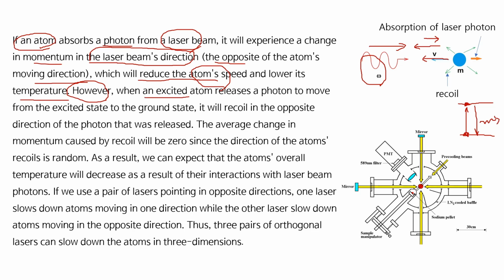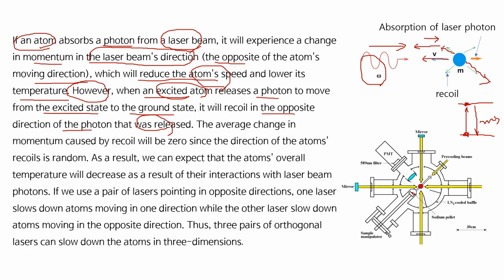So when an excited atom releases a photon to move from the excited state to the ground state, it will recoil in the opposite direction of the photon that was released. So when the atom releases a photon in this direction, the atom will recoil in the opposite direction, right?